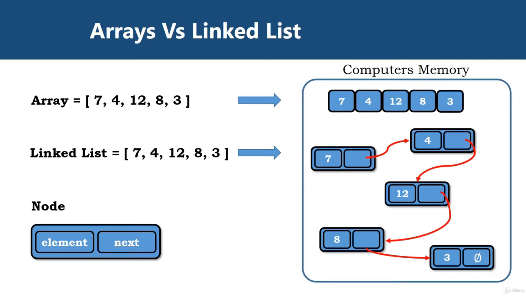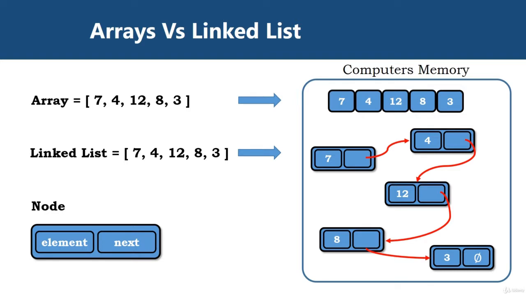The node with the fifth element also has the data, that is, in this case it's 3, along with the link to the next memory location. But since this is the last element of the linked list, the link to the next node will be null. That is, it does not point to any other memory location. But suppose we have to add a new element to the linked list, we can create a new node in the memory and assign the link of the last node to this new node.